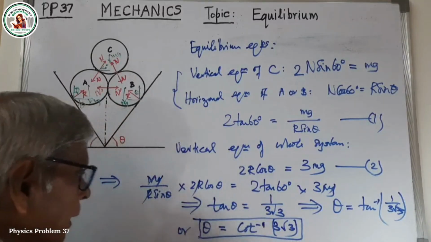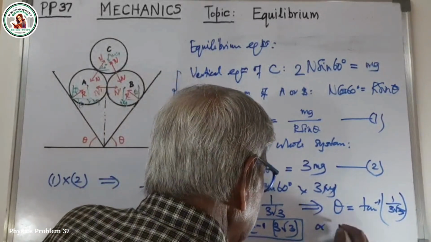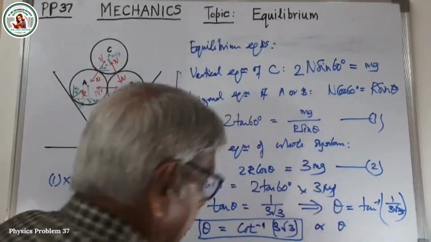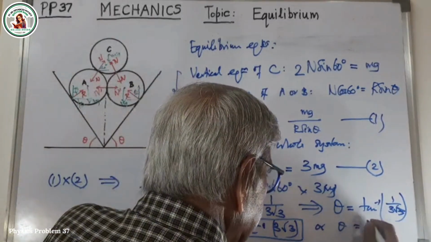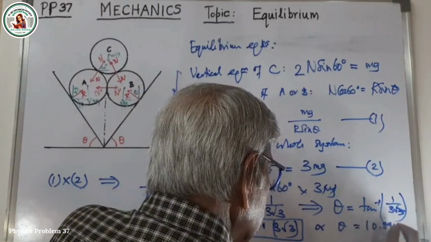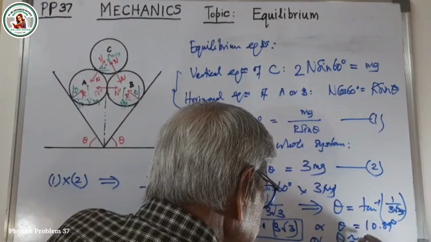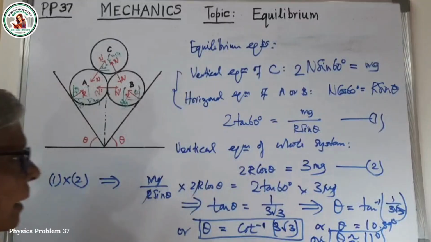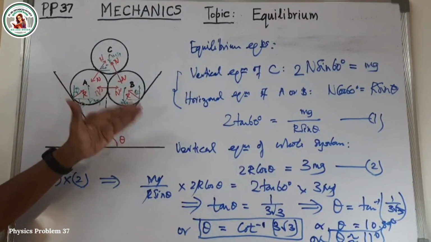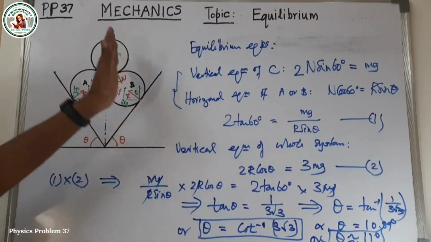If you want the numerical answer, you can refer to the tables. Theta is approximately 10.89 degrees, or approximately 11 degrees. So up to 11 degrees you can reduce this angle. Below that, suppose you make it 9 degrees or 10 degrees, it will collapse. This system will not stay in equilibrium.